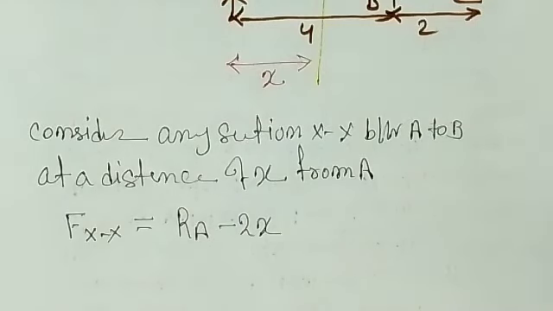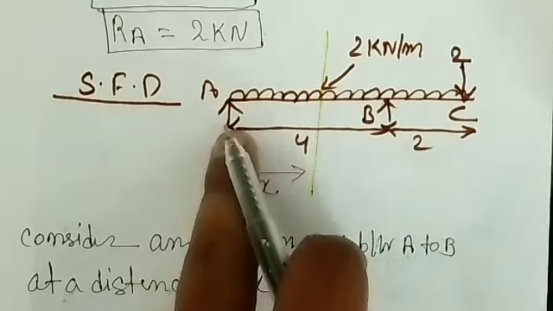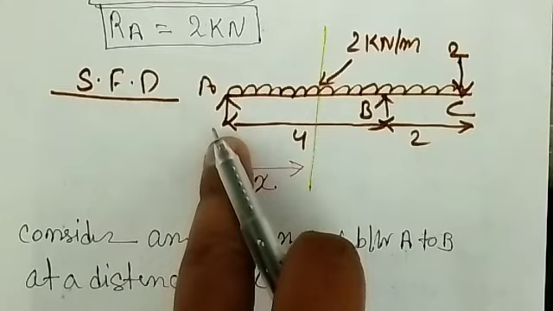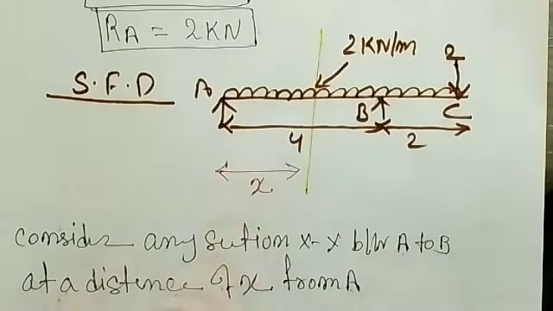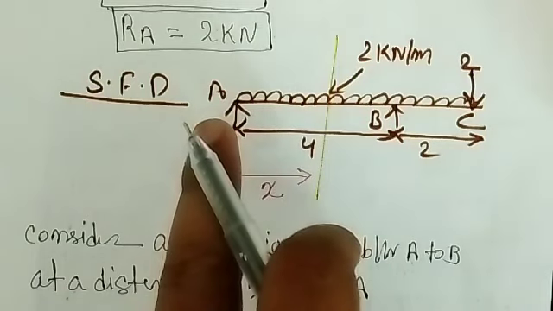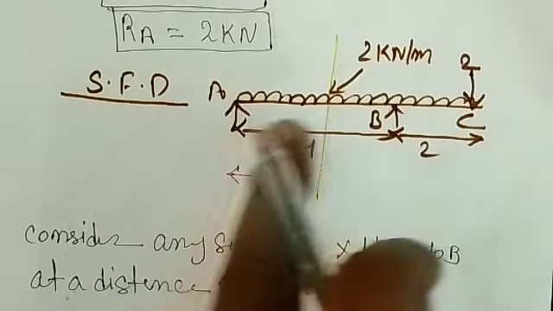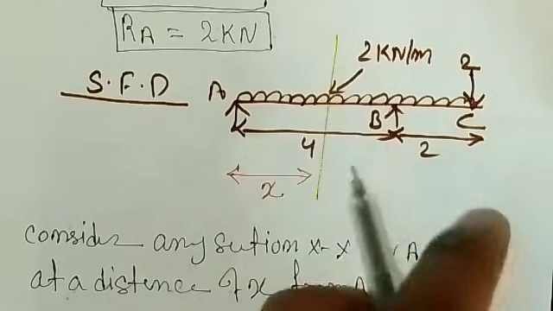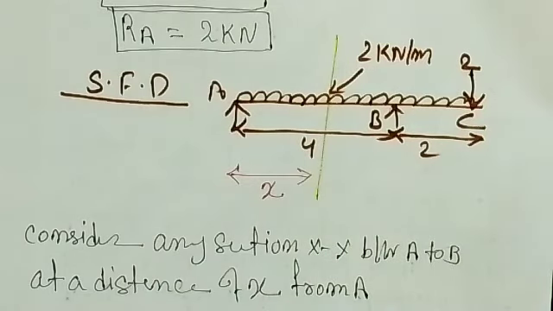Now we need to find the shear force at A and the shear force at B. At A, X is equal to 0 and at B, X is equal to 4. So to find the shear force at A, you need to put X equal to 0, and to find the shear force at B, you need to put X equal to 4. Got it?